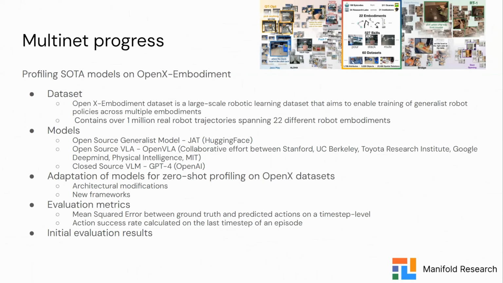And another metric that we're tracking is, at the end of an episode on the last time step, how often does the model take the right action to successfully complete the episode? So these are the metrics we're tracking. We're well underway in this profiling effort, and we have a bunch of results, which we will be sharing as a part of our release with Multinet. Next slide, please.